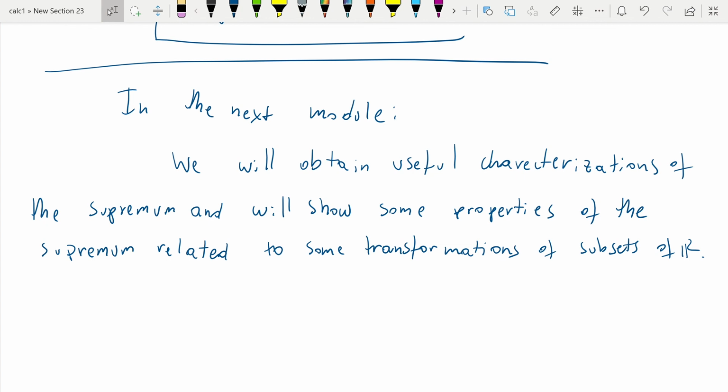If you translate a set, so you move it to the right or to the left, what happens to the supremum? The supremum will be translated by the same amount. If you dilate a set, then the supremum will be dilated by the same amount. This sounds very intuitive and very easy to prove, but you'll be surprised at how many students struggle with actually showing this. So we'll be going over these properties next time.